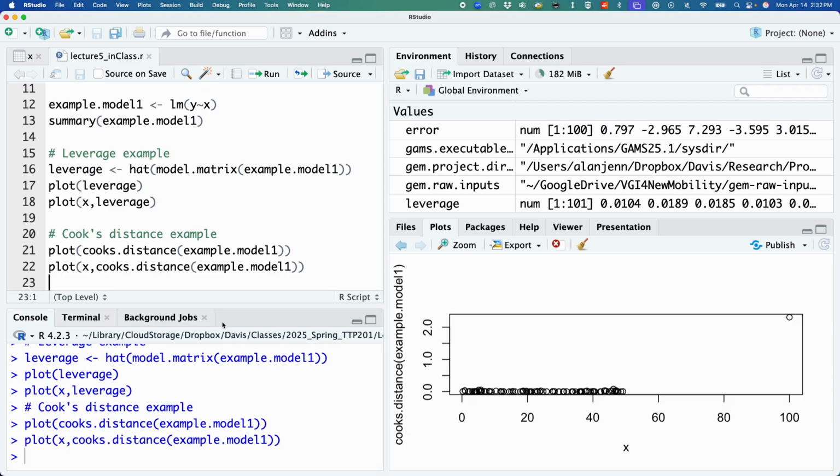So the behavior is a little bit different. This isn't indexed to between 0 and 1, and here you would want to think about the ratio between the Cook's distances for your normal points versus your outliers.